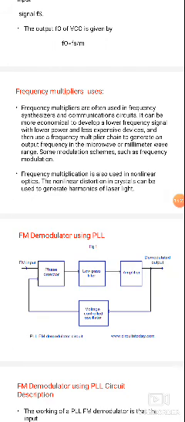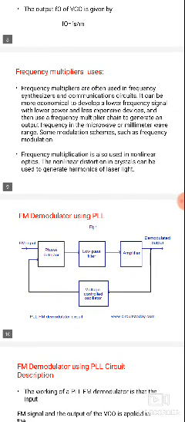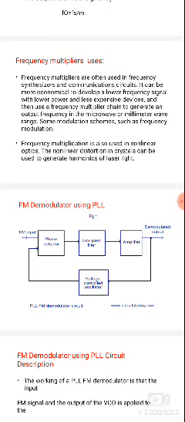Frequency multiplier uses: a frequency multiplier is one whose output frequency is a harmonic of the input frequency. Frequency multipliers are used in frequency synthesizers and communication circuits. It can be more economical to develop a lower frequency signal with low power and less expensive devices, and it is used in a frequency multiplier chain to generate frequencies in the microwave or millimeter wave range.